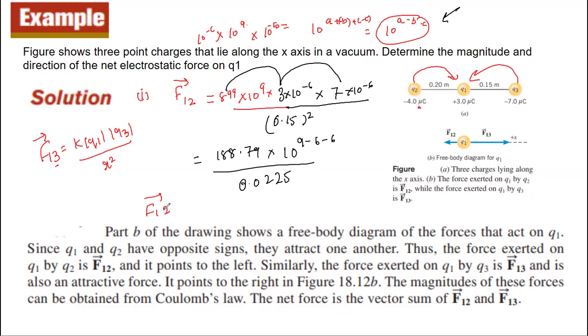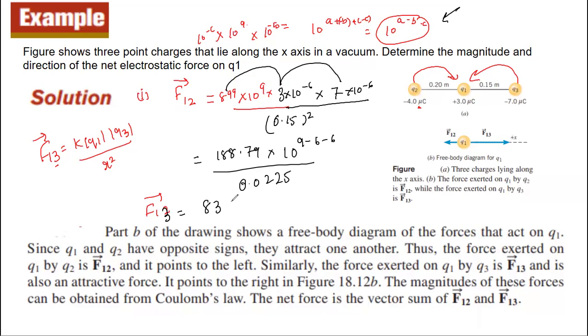So let's simplify. I'll just quickly write F13. I have 188.79, I'll round in the end. 188.79 divided by 0.0225. So I got something like this.